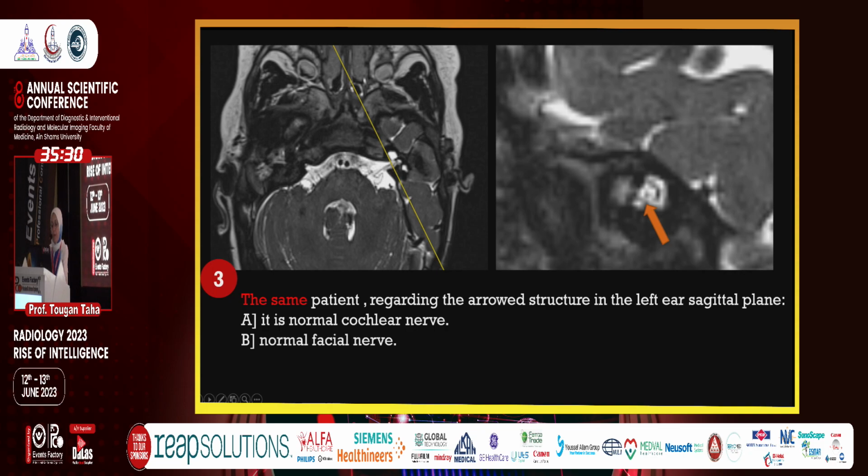In the same patient, regarding the arrowed structure in the left ear sagittal plane, is it normal cochlear nerve, normal facial nerve, normal inferior vestibular nerve, or is it hypoplastic cochlear nerve? Please answer.